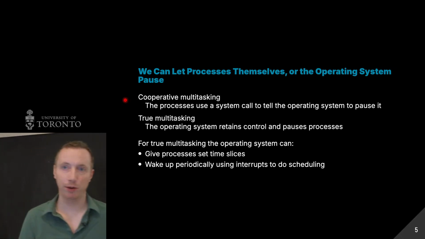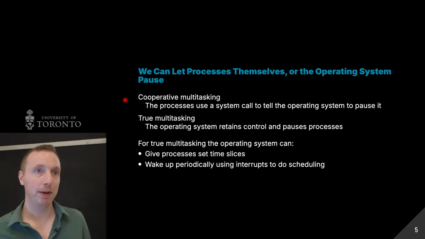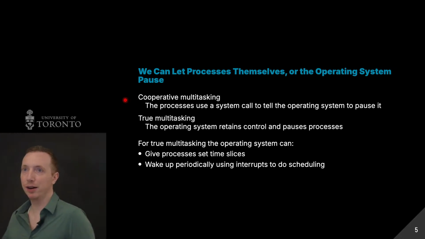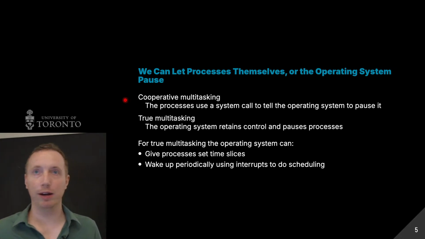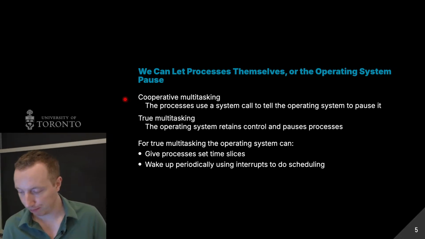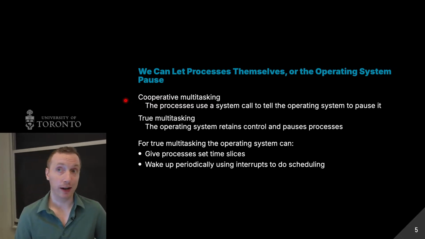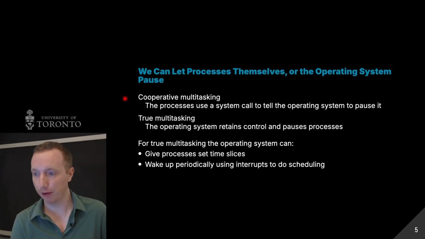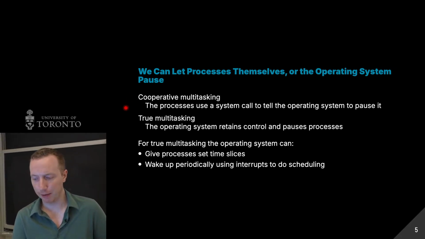You opt into it. So in this system, if I want to hog the CPU, I just don't do that system call. I get 100% of the CPU until I'm done. I can just be a big jerk. That's not how most operating systems are, because you can't trust anyone's processes or that anyone wrote anything correctly.